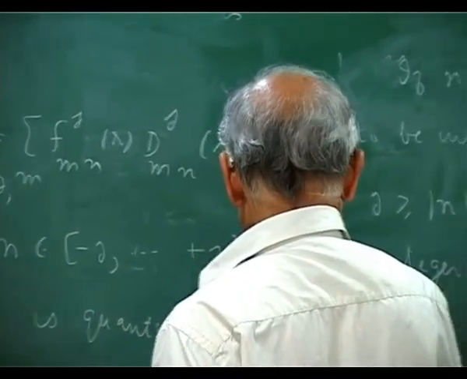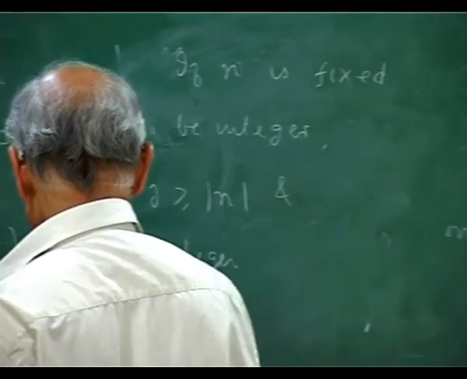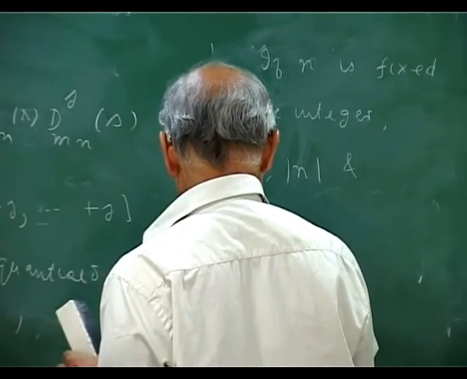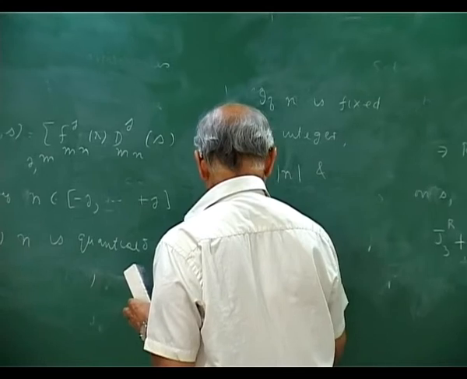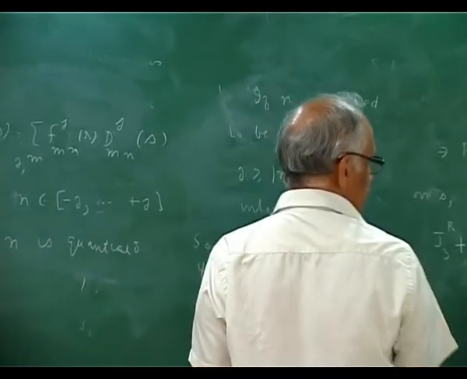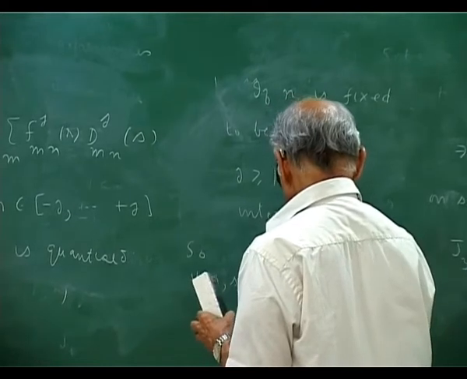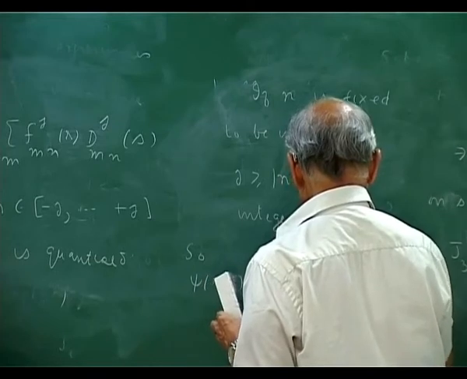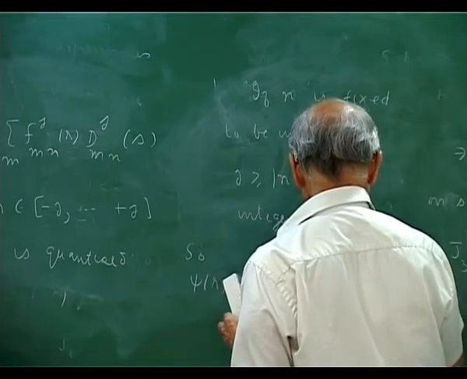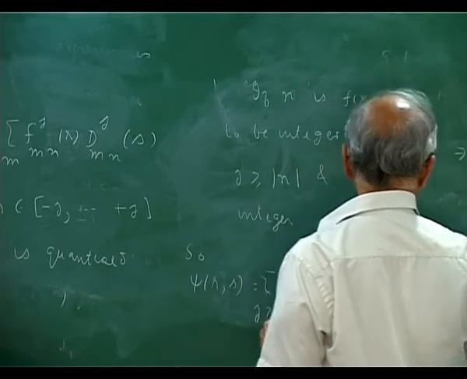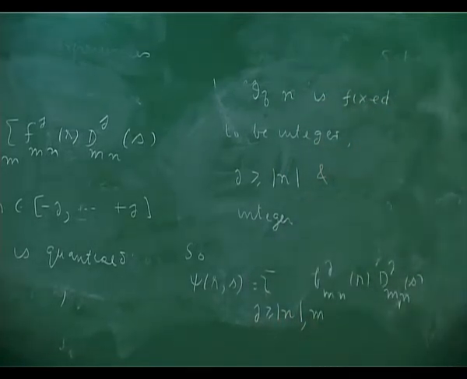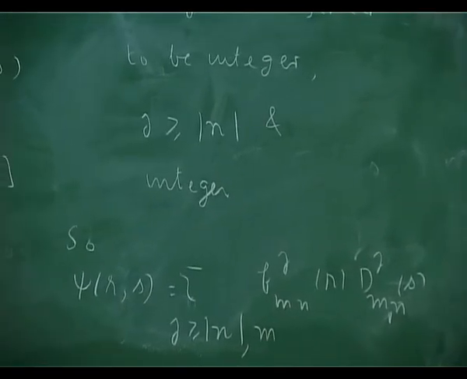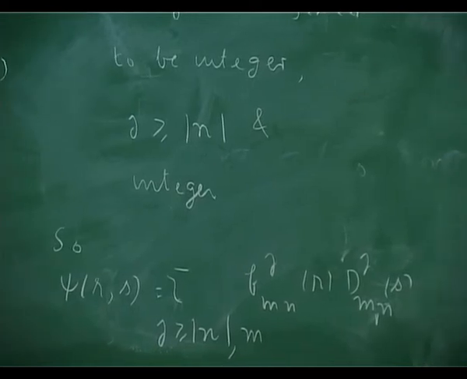The psi of r s will be summed with j larger than or equal to mod n, then I sum over the possible values of m for a given j of f^j_mn of r times D^j_mn of s. So we have got the fact that this classical object with charge times monopole, which was not quantized in the classical theory, is getting quantized here.